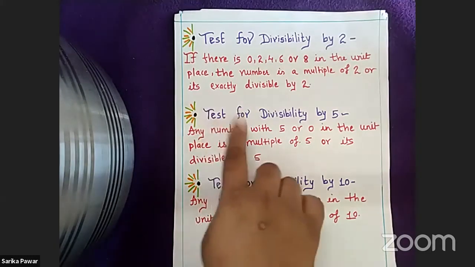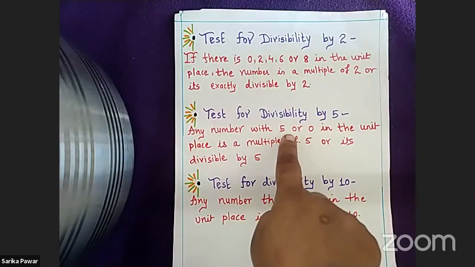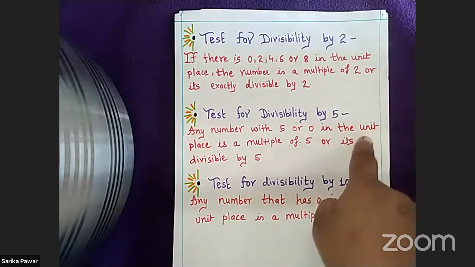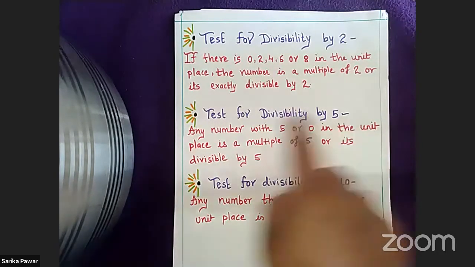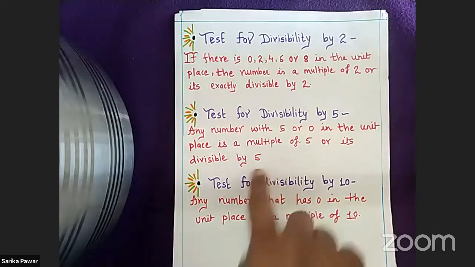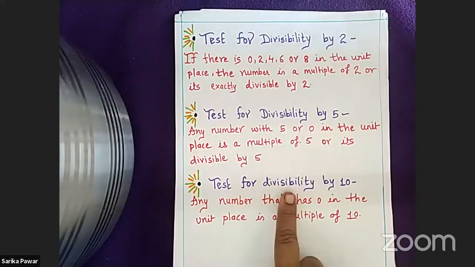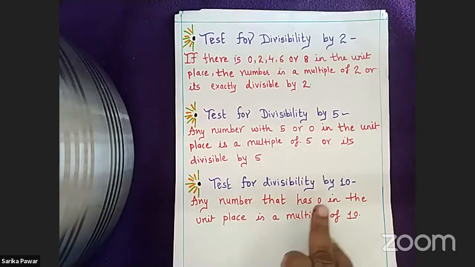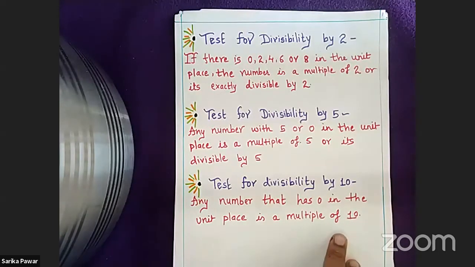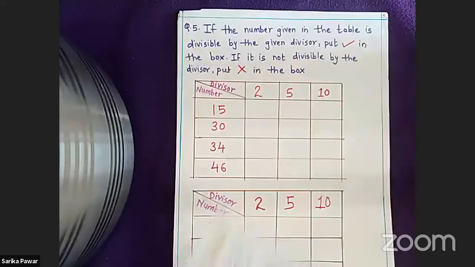Test for divisibility by 5: the number with 5 or 0 in the unit place is a multiple of 5 or is divisible by 5. Very easy. Now test for divisibility by 10: any number that has 0 in the unit place is a multiple of 10.